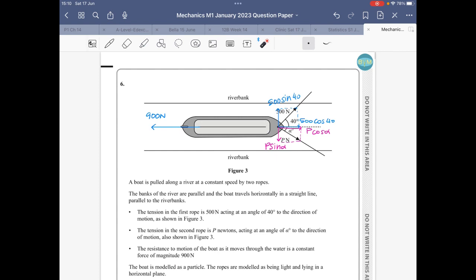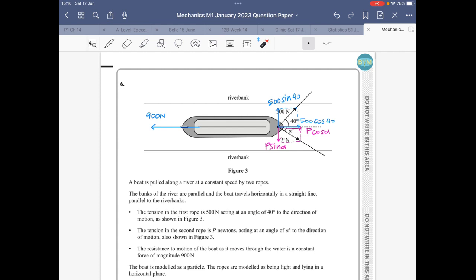So what is happening here is that it's moving with constant velocity. There is no acceleration, which means the forces pointing that way together are going to be the same as this force pointing this way, because the resultant force is 0. And in this direction, force pointing that way is going to be force pointing that way, because I don't have any type of motion in this direction. So that's what I'm going to use to find P and alpha.